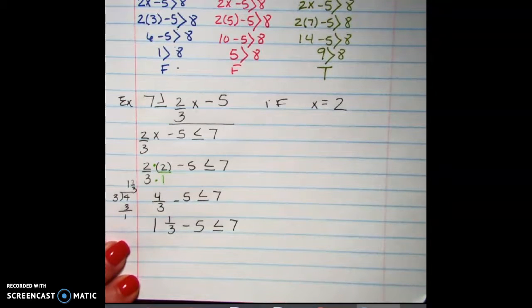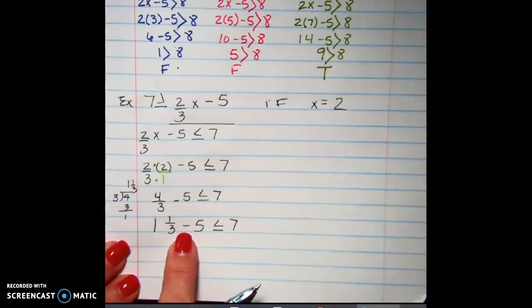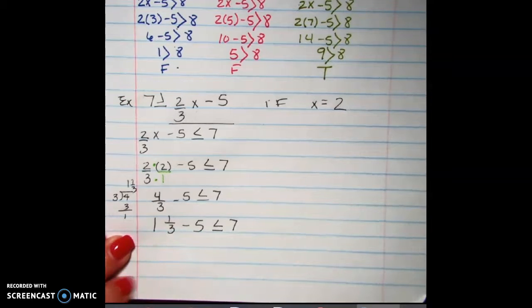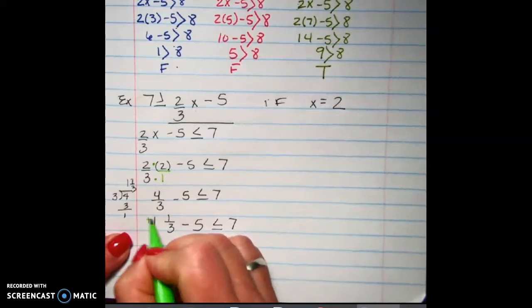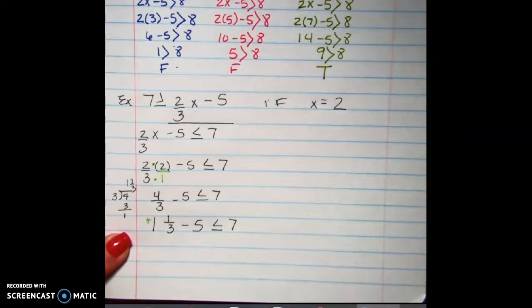So now I'm going to do some subtracting of mixed numbers. But I'm also going to have to utilize my rules that I did for subtracting integers. So the first thing is this we consider a positive, if you recall. So I have a positive and a negative. When I have different signs, I have to subtract.